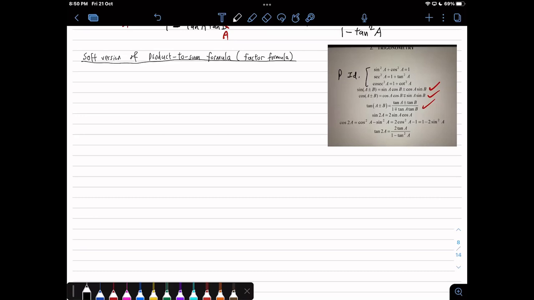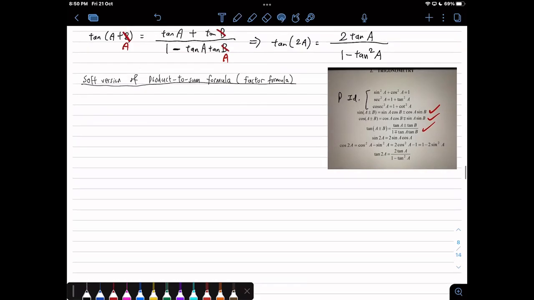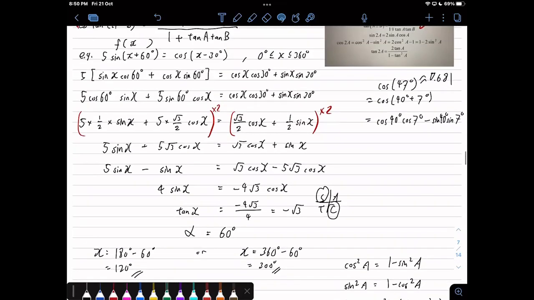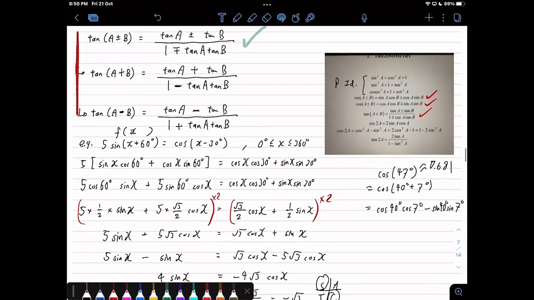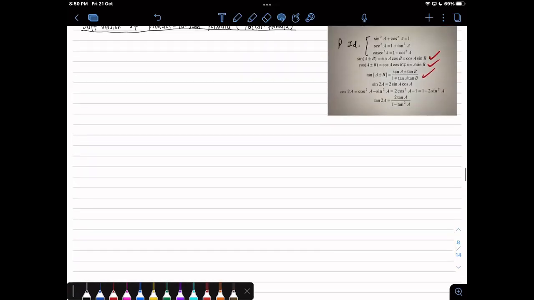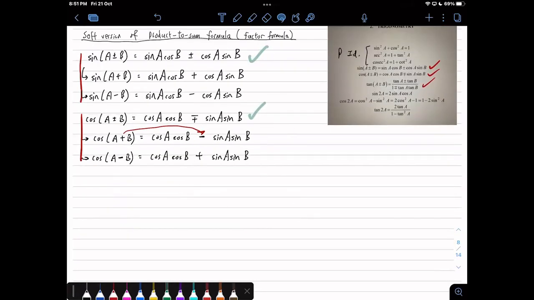So the basic idea here is to realize that if you recall the addition formulas over here, let me just copy it down so I don't have to rewrite it again. Like this. Now you have all these formulas, 1, 2, 3, and 4.